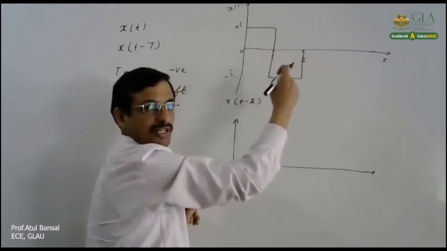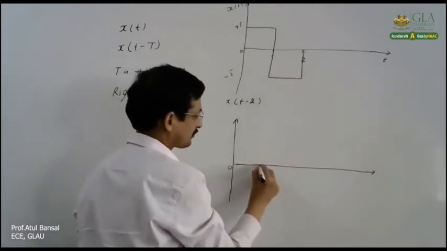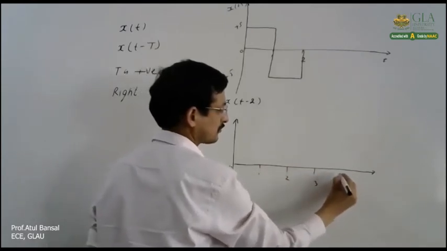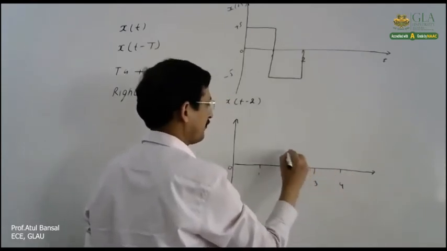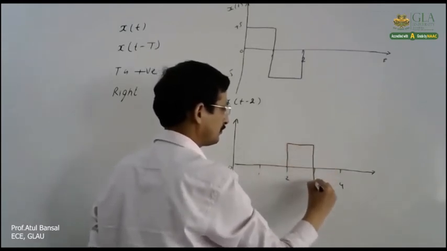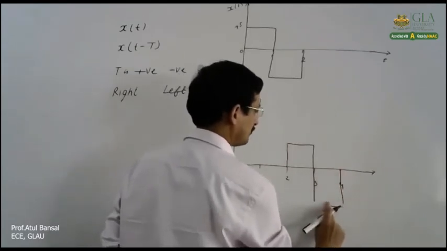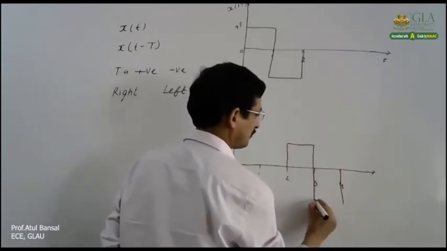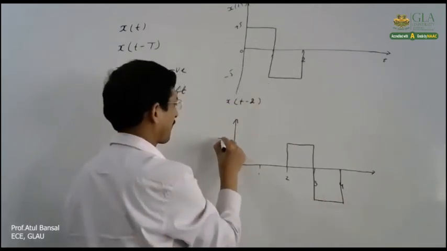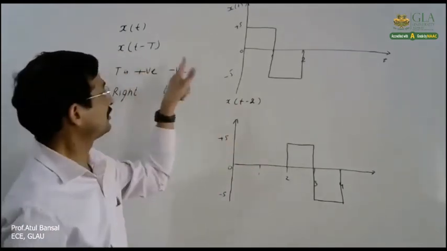And at 2, it will come at 2 plus 2, 4. So the new signal will start from 2. That will be the new shifted signal x of t minus 2.